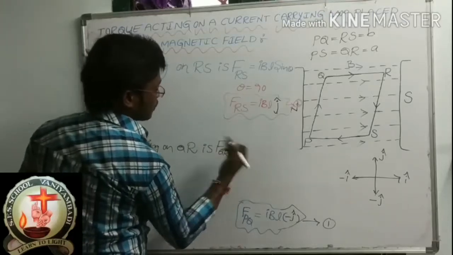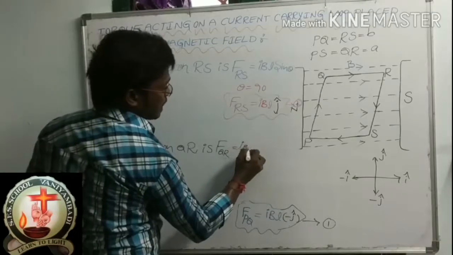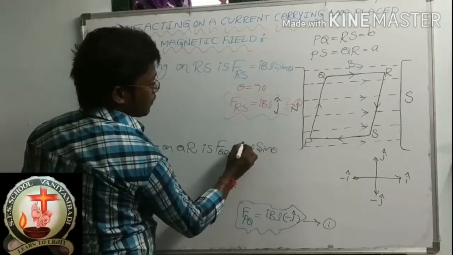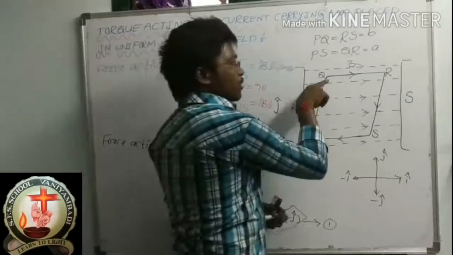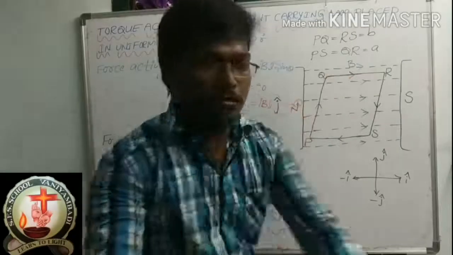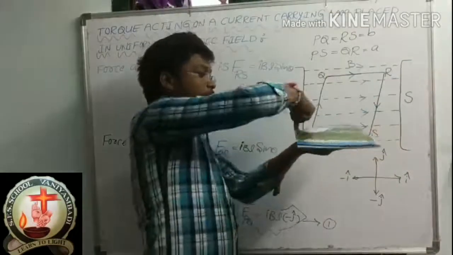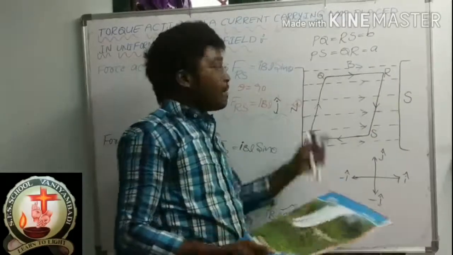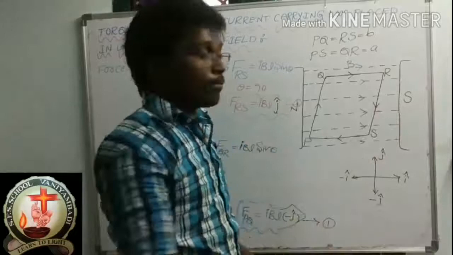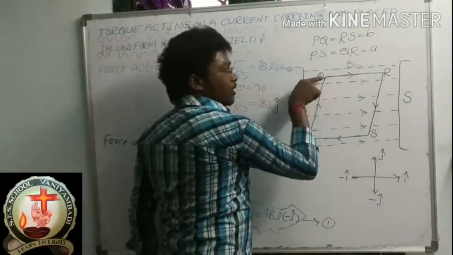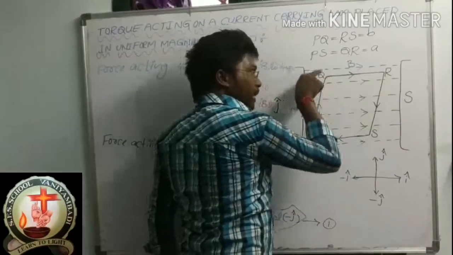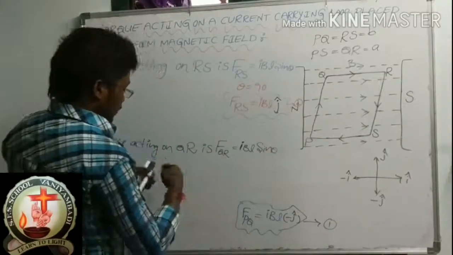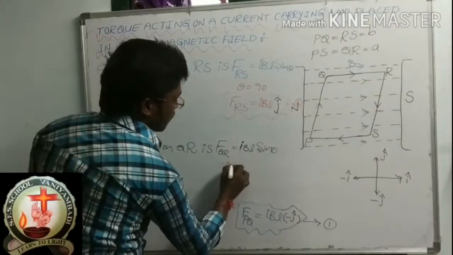F QR is equal to I B L sin theta. Then what is the angle between I and B? Here the direction of current is this direction, along QR. Magnetic field also going that side. So current direction is same, magnetic field direction is same. Both are going in the same direction. So what is the angle? 0. So theta is equal to 0.